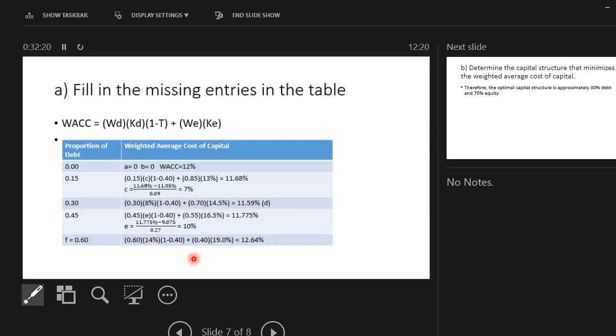So why are we saying multiplied by 1 minus T? Because we want to take the tax portion out. That's why I said the cost of debt is always affected by the tax portion. So this KD is the pre-tax cost of debt, right? I want you to understand something.